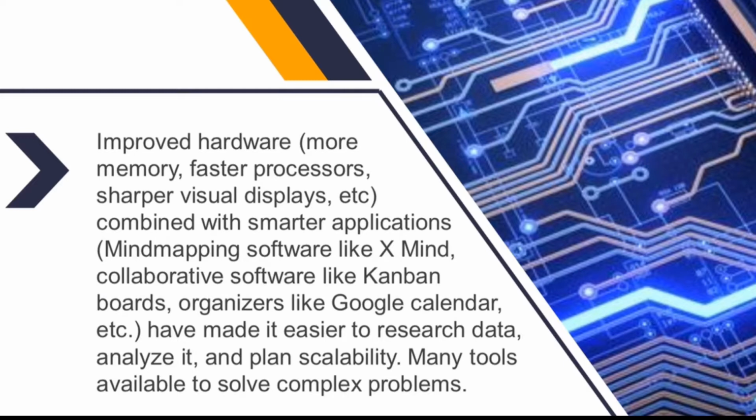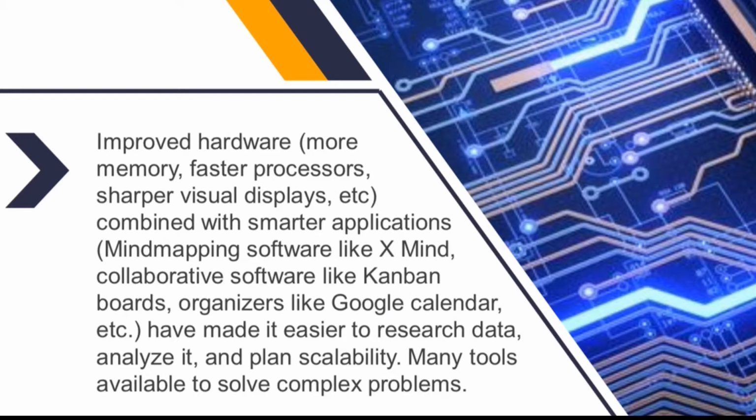Many tools are available to solve complex problems. So as you can see, Google has analytics. They are introducing bigger data to contain if we are going to utilize their applications.